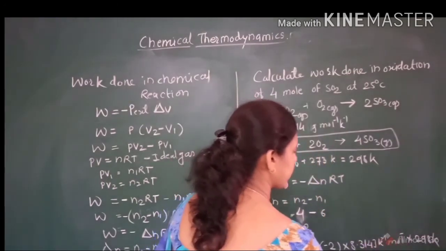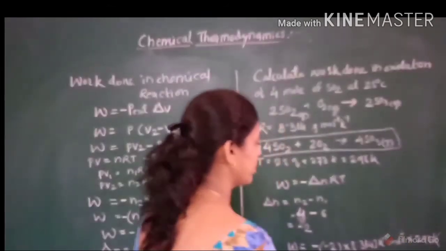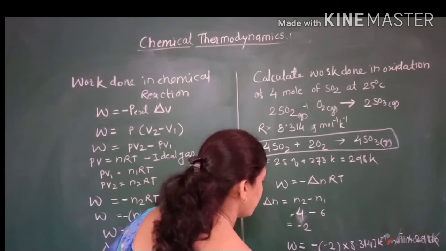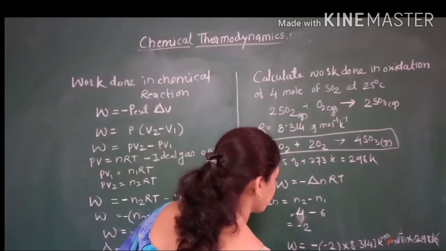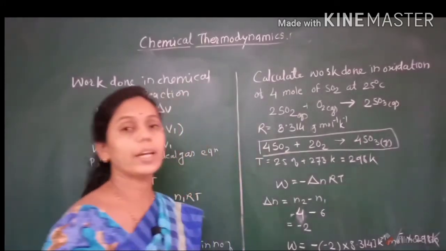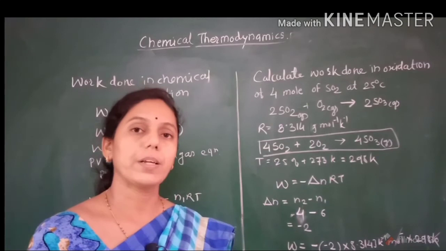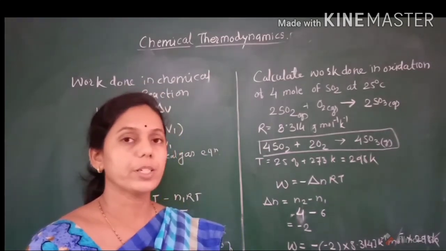This Kelvin cancels with Kelvin inverse, and mole cancels with mole inverse. Your answer is in joule, and your answer is 4955, that is 4955 joule. And already we discussed the expansion: the work done in vacuum is equal to 0.